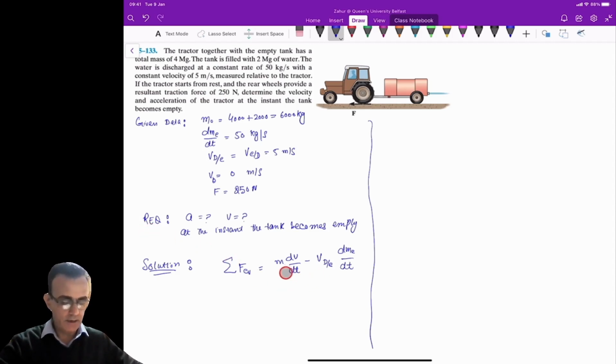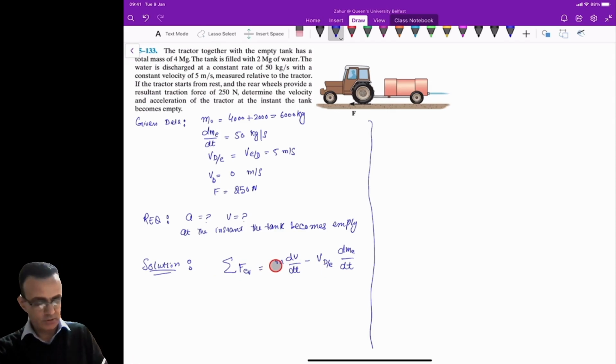Now, in this case, we have m. M is the mass of the system at any instant of time. Now we can see that the mass will change during the motion here.